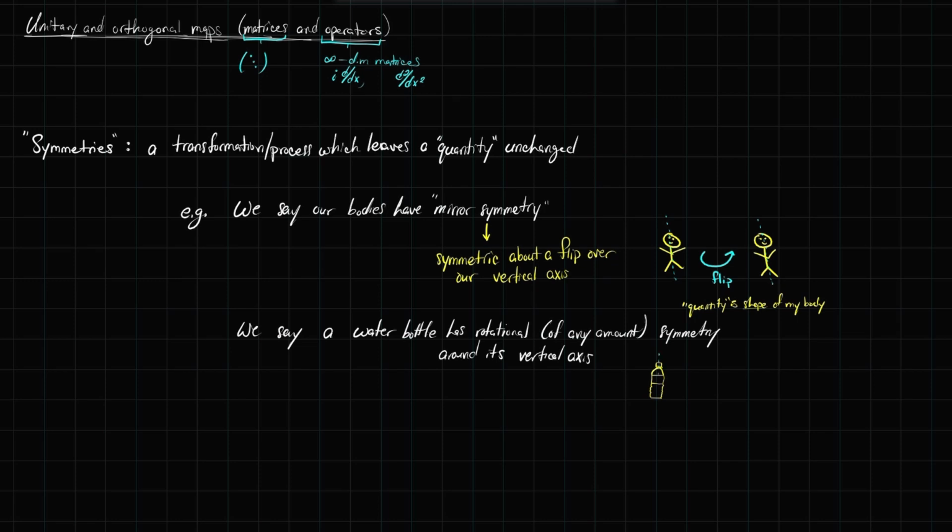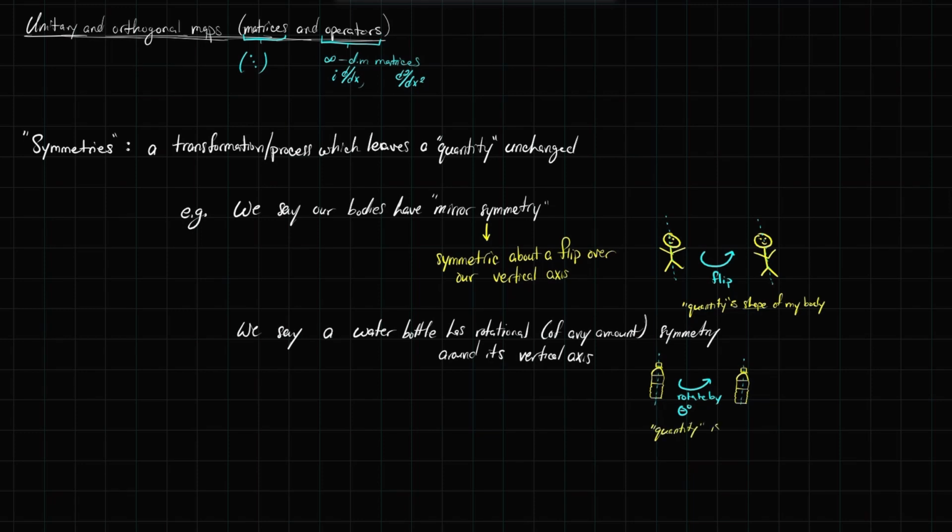And we grab its vertical axis, and we rotate by theta degrees. And that water bottle, I'm not even going to try to draw it again. That water bottle looks the exact same. It looks exactly like it started with, even under a rotation. And so we say that one has a symmetry where the quantity is again a shape.